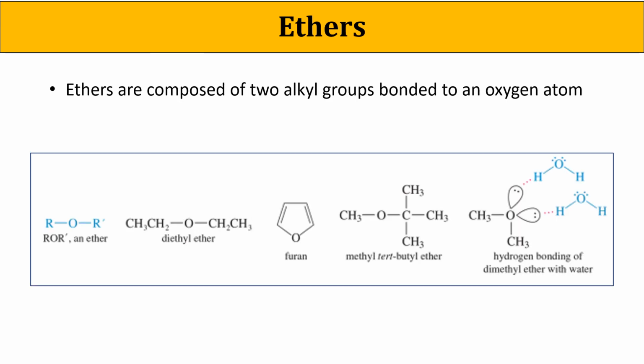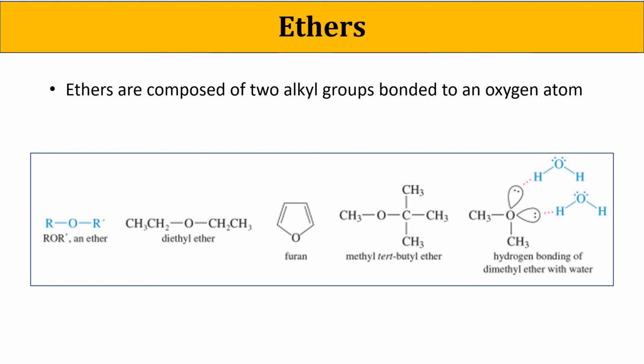Ethers. Ethers are composed of two alkyl groups bonded to an oxygen atom. The general formula is ROR. The symbol R represents another alkyl group, either the same as or different from the first. Like alcohols, ethers are much more polar than hydrocarbons, but ethers have no OH hydrogen, so they cannot form hydrogen bonds.